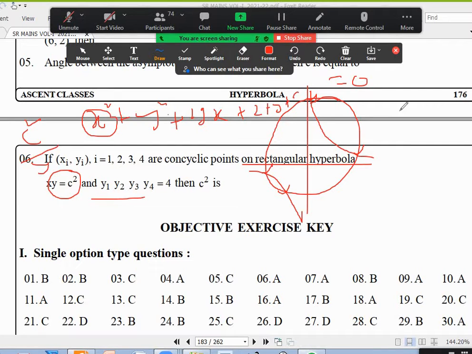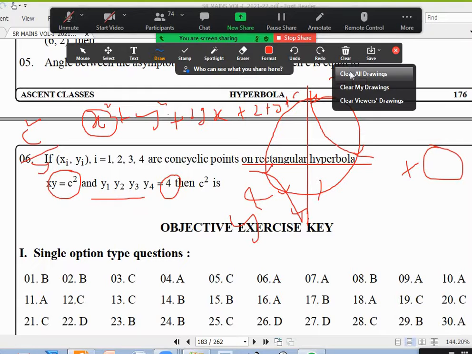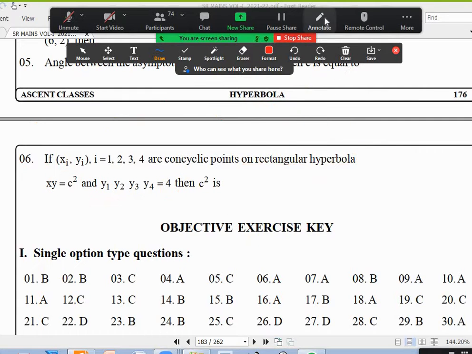Yes. When you do that, you will get a fourth degree equation in terms of y. You will get y power 4, y cube, and all that. At the last, some constant will come that will give you the product of the 4 y values. That will come exactly c power 4, I think. So c power 4 is 4 means c square will be 2. Is it okay? Yes, sir.